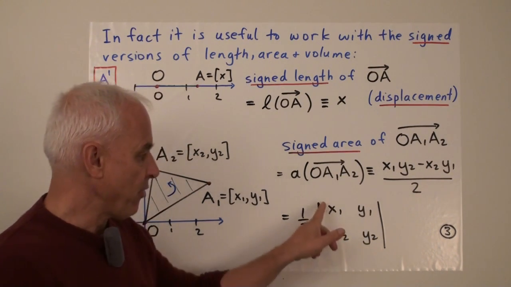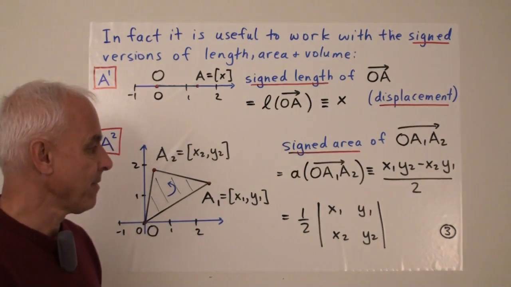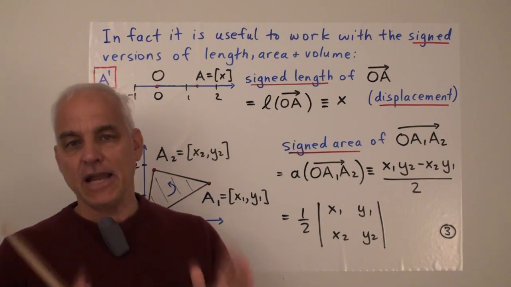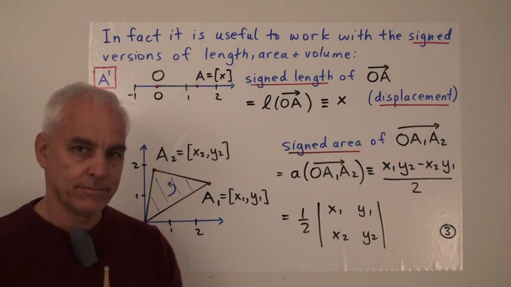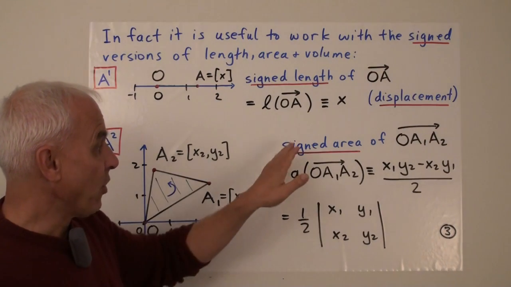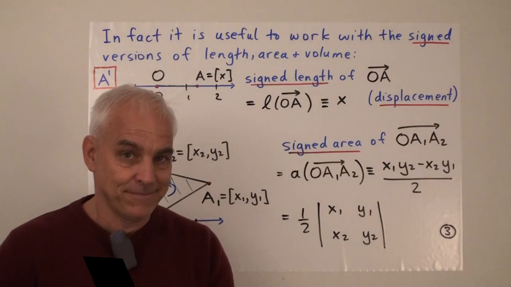The product of those two minus the product of those two. So that determinant is appearing right here as the signed area of this oriented triangle. So yes, in our two-dimensional space, the notion of signed area is both natural and important.